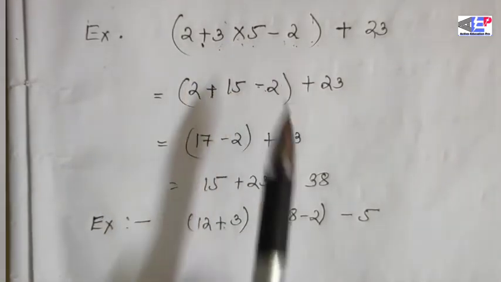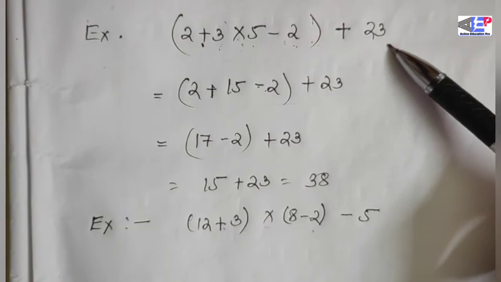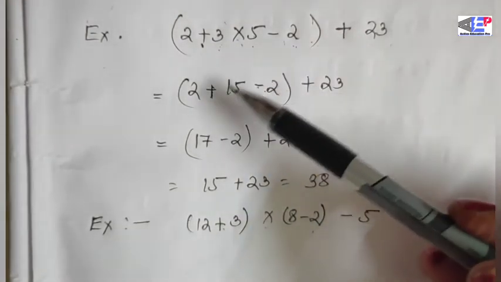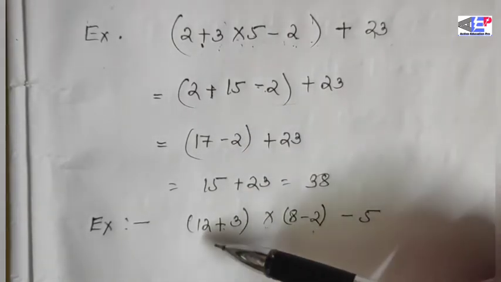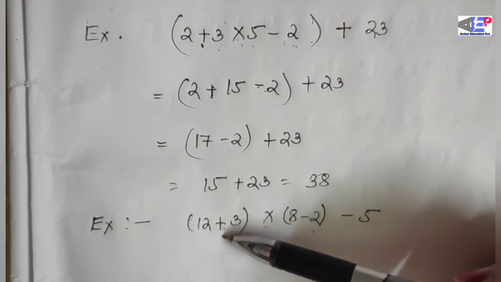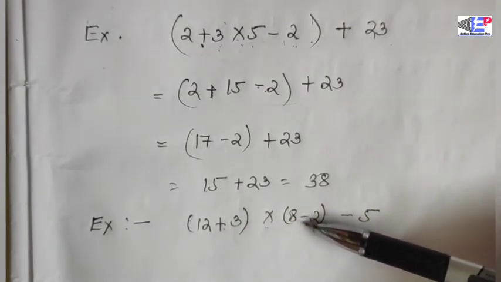In this question also there is addition, multiplication and subtraction. In this question, as per the BODMAS rule, first we multiply, then add, then subtract. But in this one there is the same plus, multiplication and minus sign.